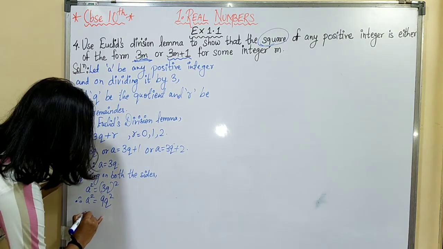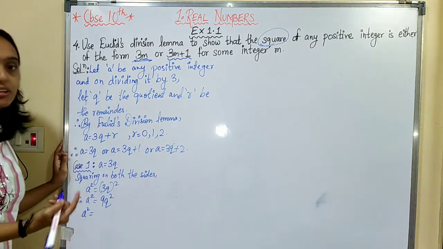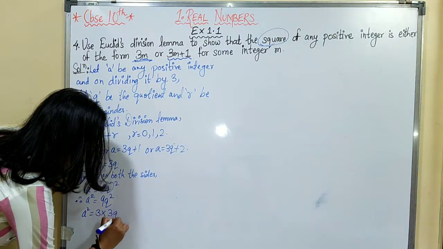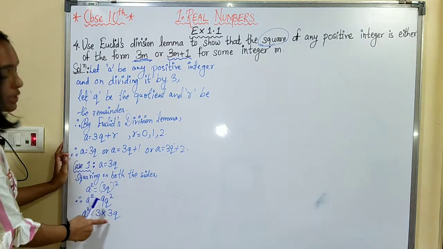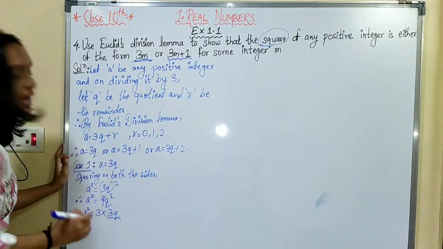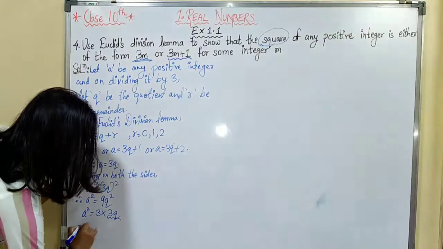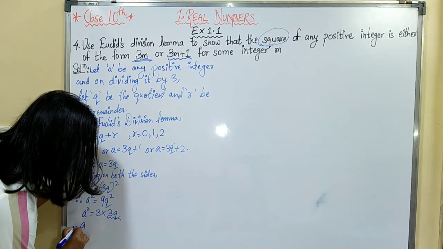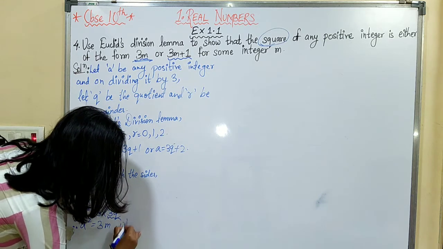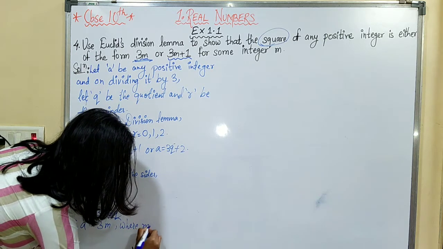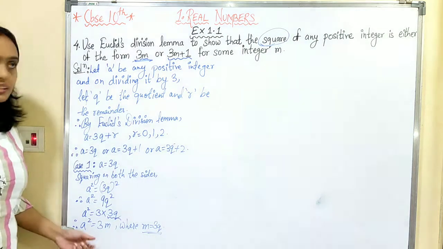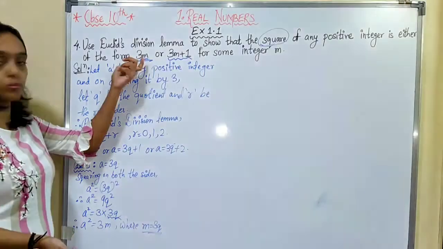So we can write 9 as 3 multiplied by 3, so it can be written as 3 multiplied by 3q. So we can consider this number as m. Therefore you get a square equals 3m where m is 3q. So the first case is satisfied, that is it is in the form 3m.